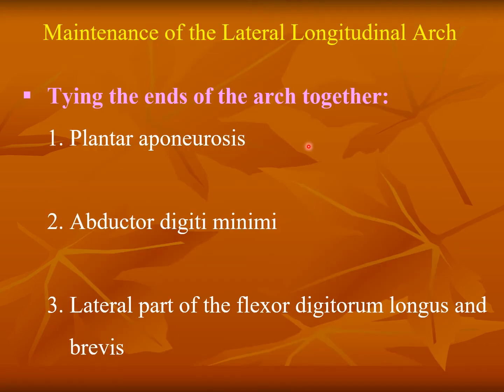Then the tie beams for this arch are the plantar aponeurosis, the same as for the medial longitudinal arch, mainly its lateral part, and the muscle abductor digiti minimi, and the lateral part of the flexor digitorum longus and brevis tendons.